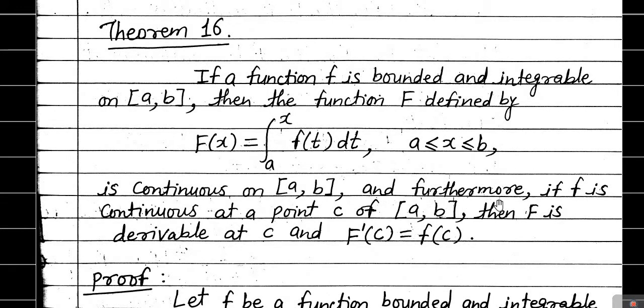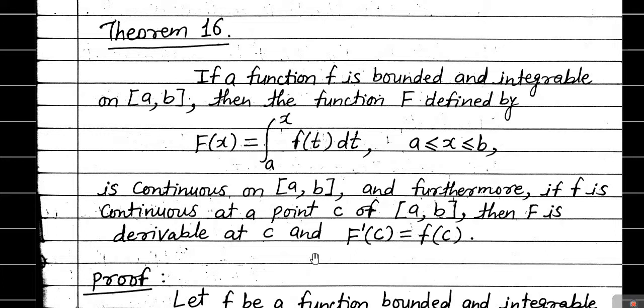Furthermore, if the function small f is continuous at a point c of the closed interval a to b, then the function capital F is derivable at the point c, and we have capital F dash of c equal to small f of c.